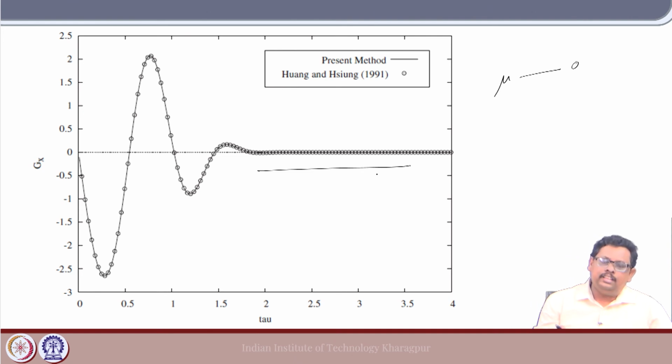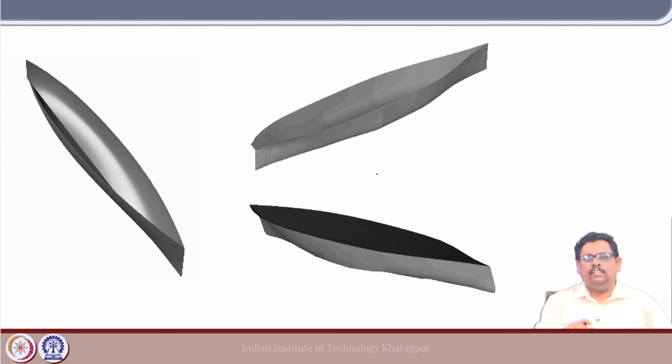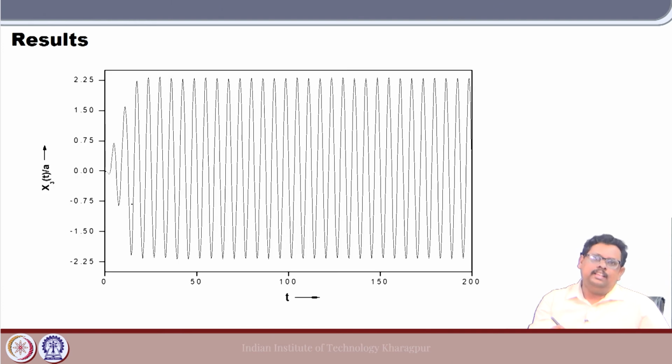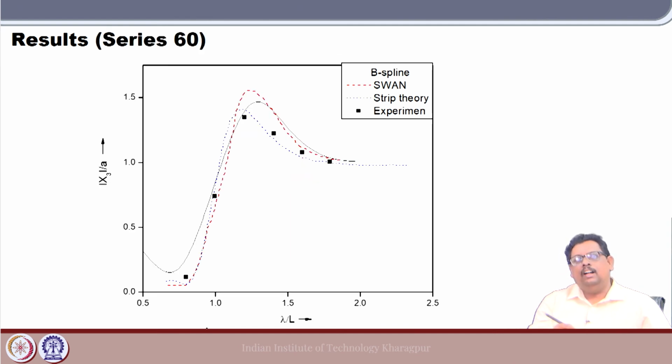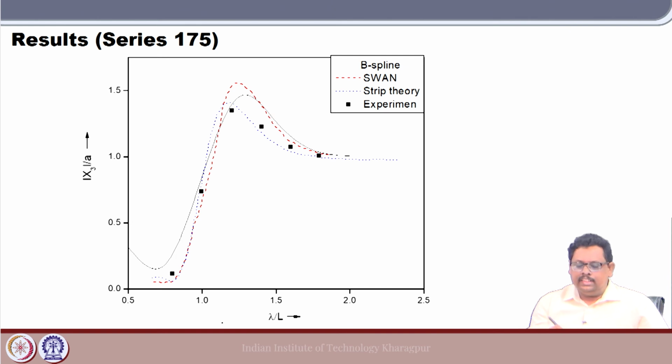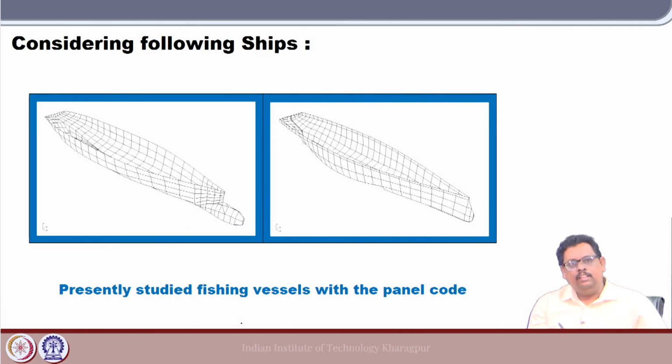Otherwise, the results are normally pretty good. Now, I just have some vessels. These are 3 different types of ship, and you can see the results are normally very stable, and they match nicely with experimental results and others. So the results are pretty good.